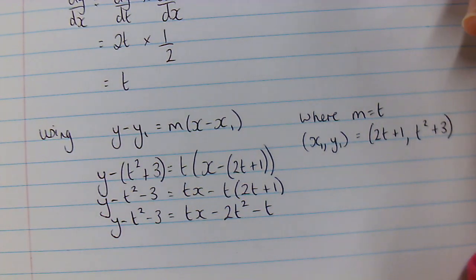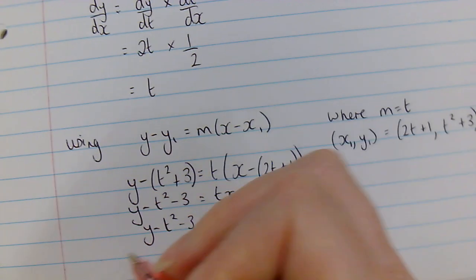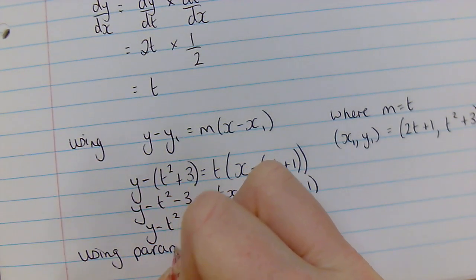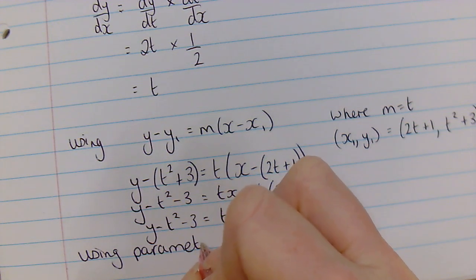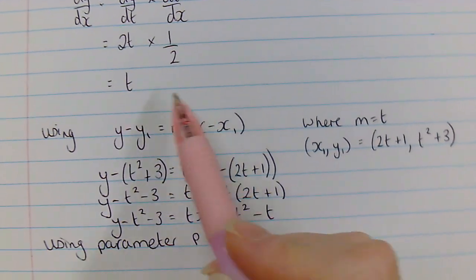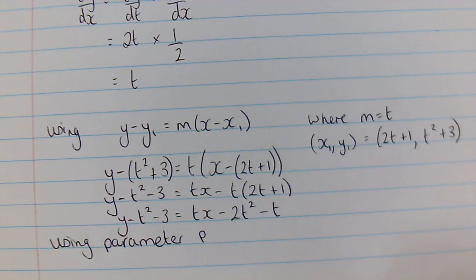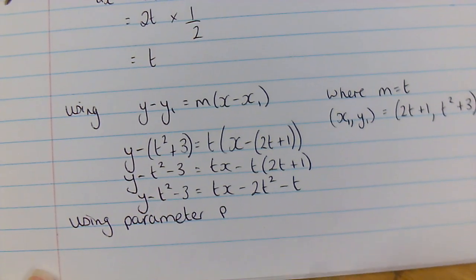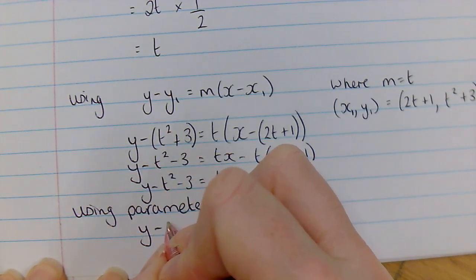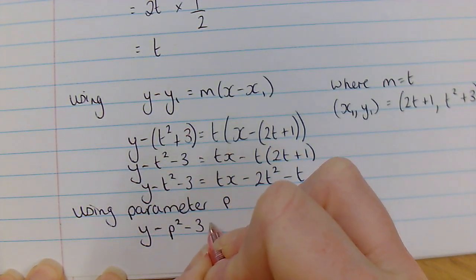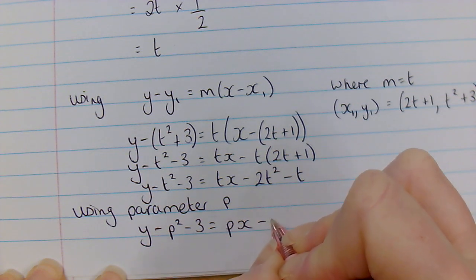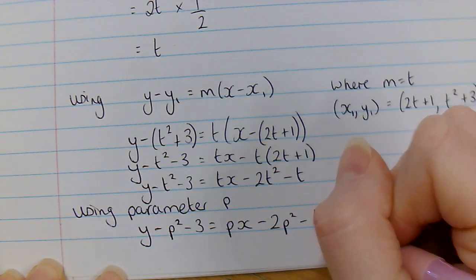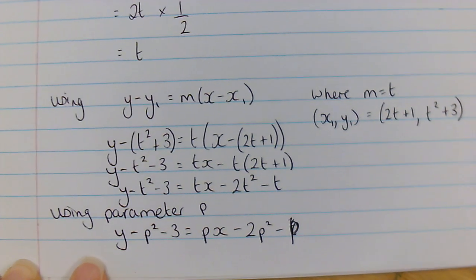Like I said at the start, they actually wanted us to use parameter p, not t, so I'm going to make the substitution now. I could have done it at any point really. Using parameter p, all that means is I'm going to replace all the t's with p's. So we've got y minus p squared minus 3 equals px minus 2p squared minus p.